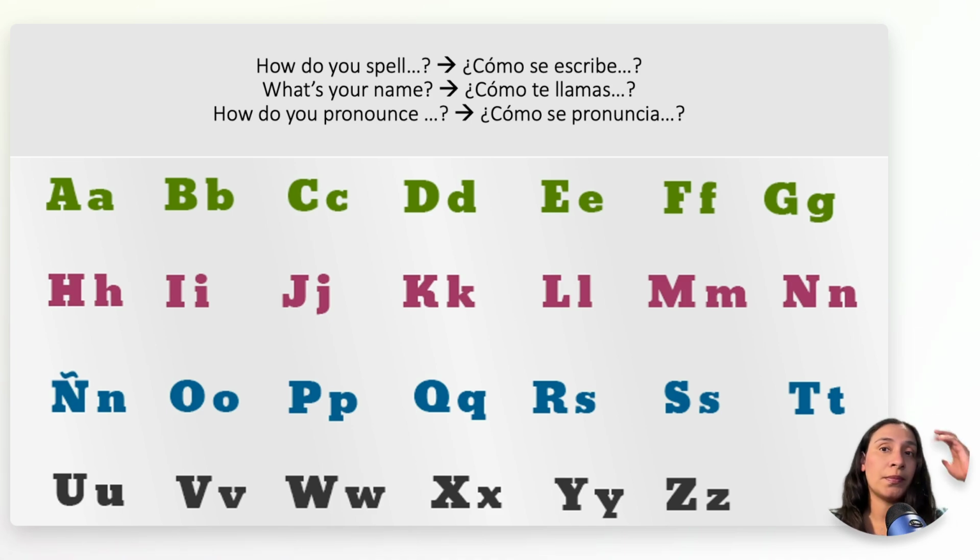A, B, C, D, E, F, G, H, I, J, K, L, M, N, Ñ, O, P, Q, R, S, T, U, B pequeña, W, X, Y, Z. Voy a repetirlo for the second time.